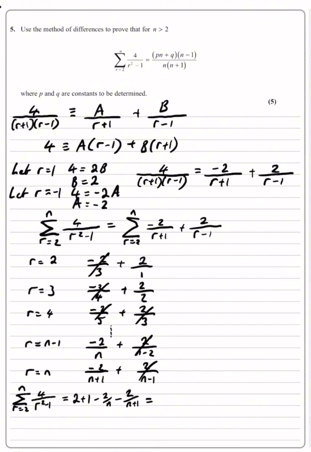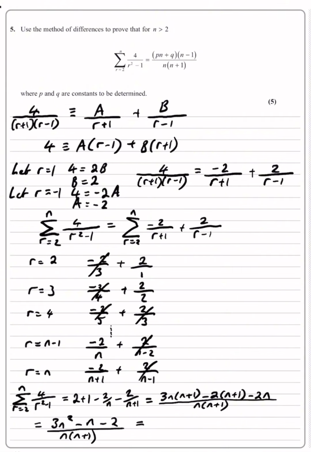The 2 plus 1 makes 3, and we're going to give everything a common denominator of n times n plus 1, so we get 3 lots of n times n plus 1 minus 2 lots of n plus 1 minus 2n, all over n times n plus 1. Expand out the numerator, we get 3n squared subtract n subtract 2, all over n times n plus 1.